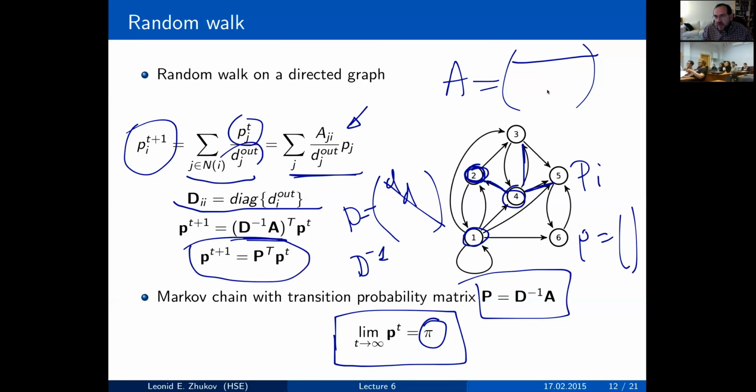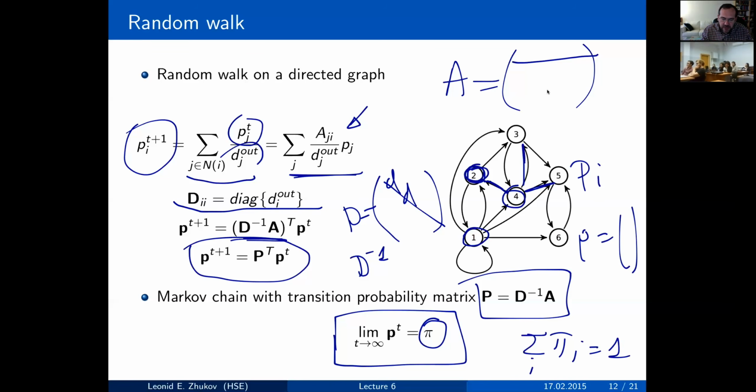Now, since it's a probability distribution, of course, it has to satisfy the constraint that the total sum of all values is equal to 1. Okay, so this is a direct connection between PageRank and random walks on graphs and Markov chains. So what are the conditions under which this limit exists?